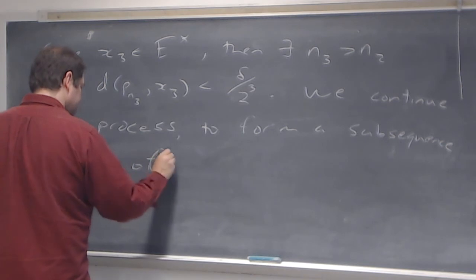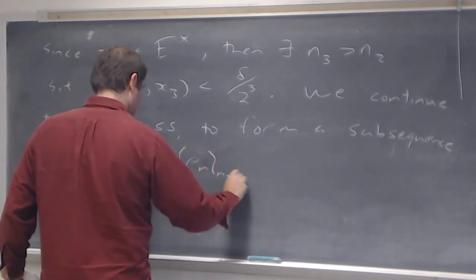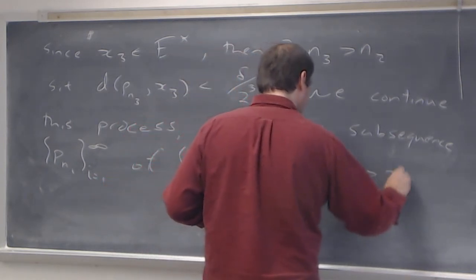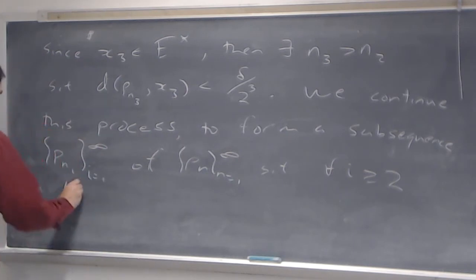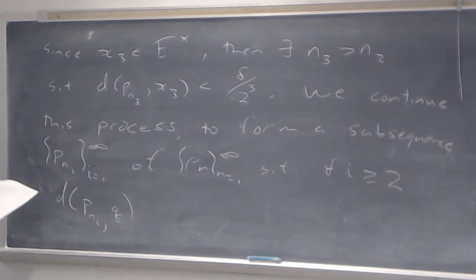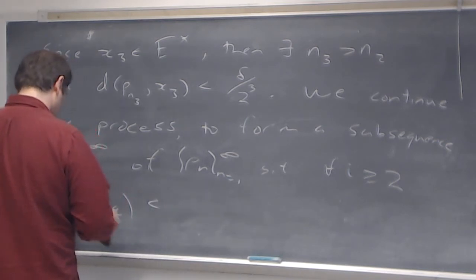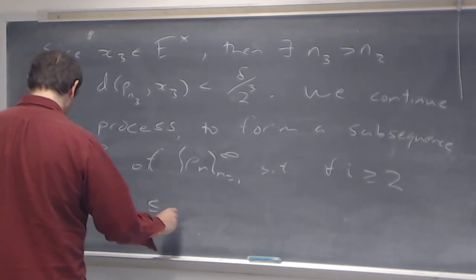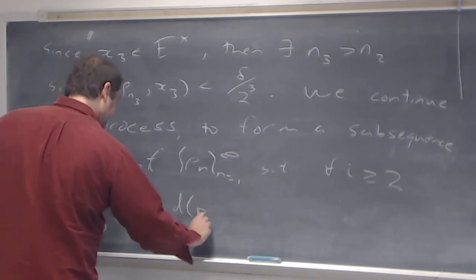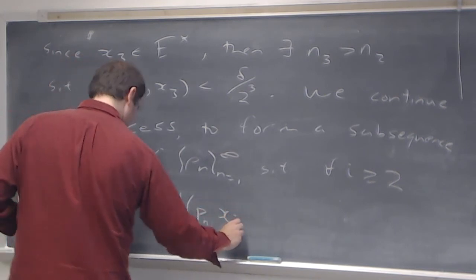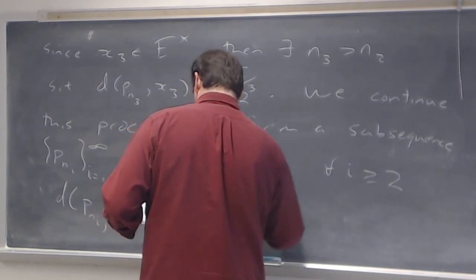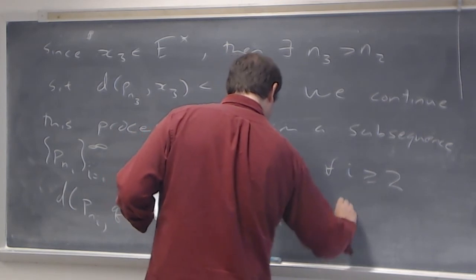Form a subsequence p sub n sub i of p sub n such that for all i bigger than or equal to 2, the distance between p sub n sub i and q will be less than or equal to, by the definition of the metric, the distance between p sub n sub i and x sub i plus the distance between x sub i and q.